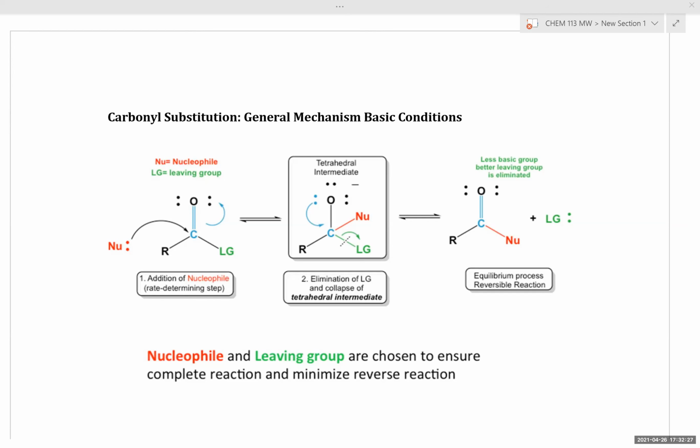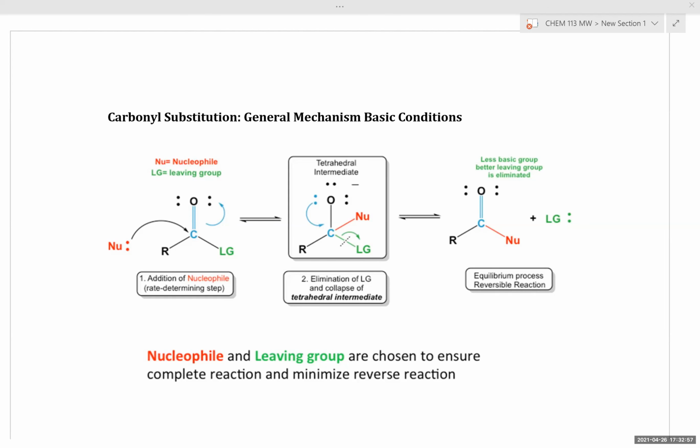Generally, the better the leaving group on your carboxylic acid derivative, the more reactive that derivative is to carbonyl substitution reactions. What we're now going to do is cover the general mechanisms for carbonyl substitution under acidic and basic conditions, as we'll see this general mechanistic pattern repeated throughout this chapter.